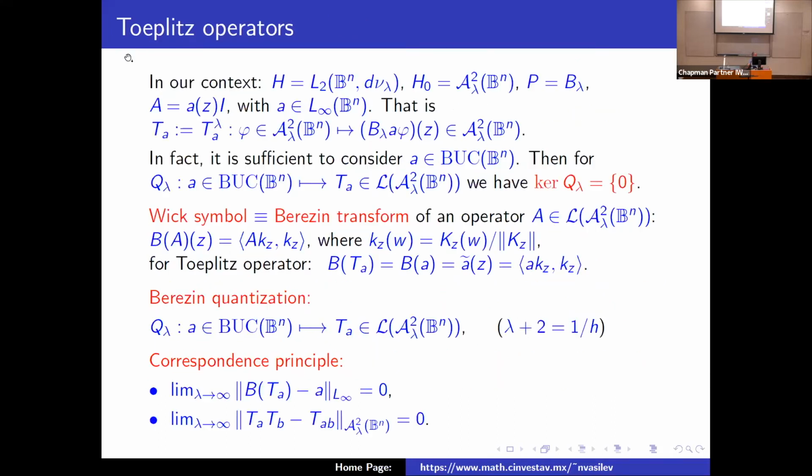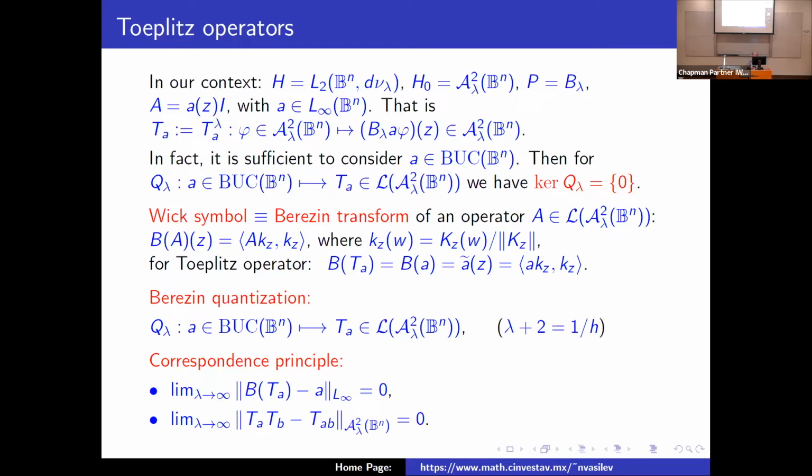Well, the next question. We would like to understand the properties of Toeplitz operators by studying their symbols, or understand the properties of the Toeplitz operator algebra generated by Toeplitz operators with a bunch of symbols A. Basically, what is bad?